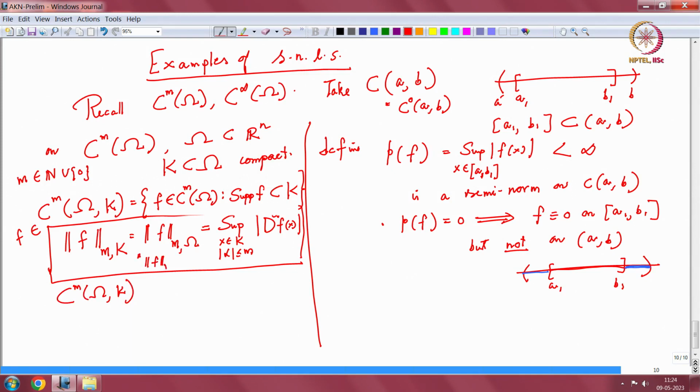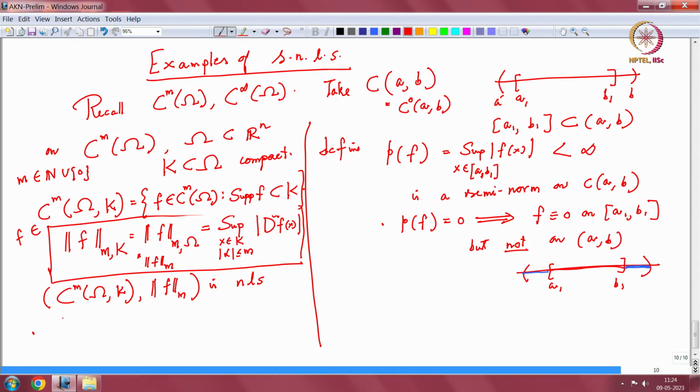It does not matter, but this norm is a normed linear space. That is not a problem because we are considering only functions there.